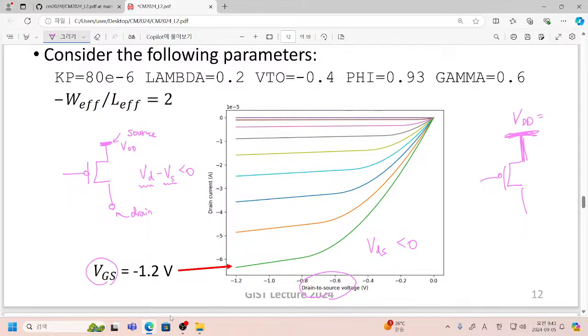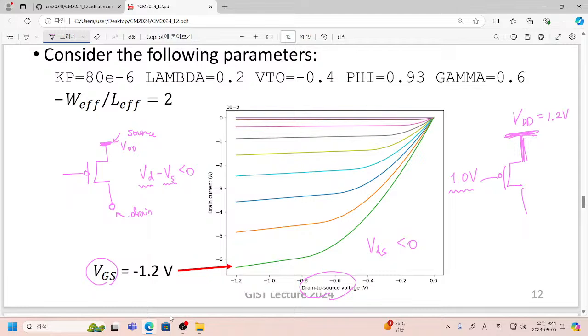For example, let's say VDD in this technology happens to be 1.2 volt, and you have, for example, 1.0 volt as the gate voltage. Then if I ask you what the gate voltage is, then yes, the gate voltage itself is 1.0 volt.